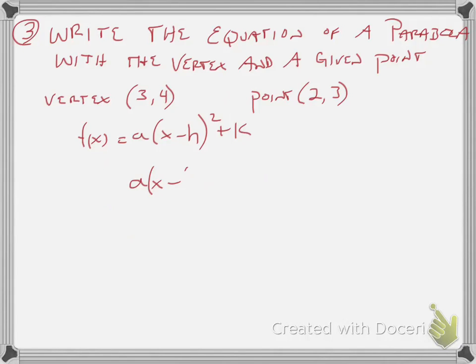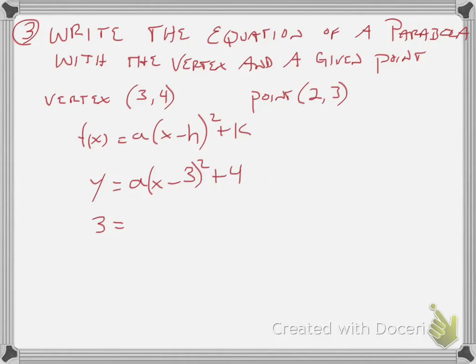My h is 3, my k is 4. And I'm going to change this to y now. Okay, the f(x) I'm going to change to y, because now I can plug the points, the x and y coordinates of the point, in for x and y, just like we did when we were doing linears.